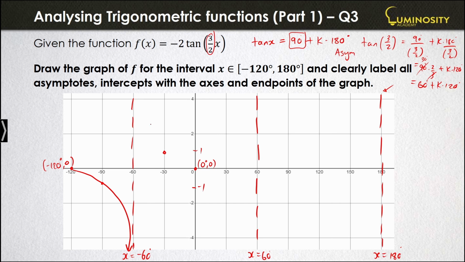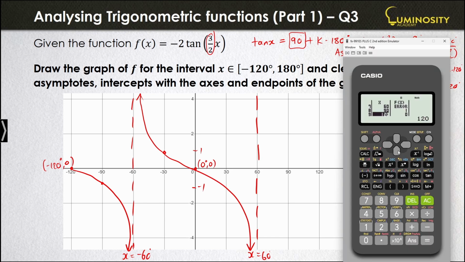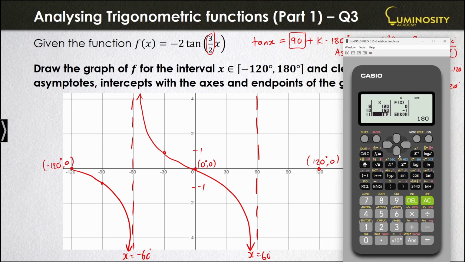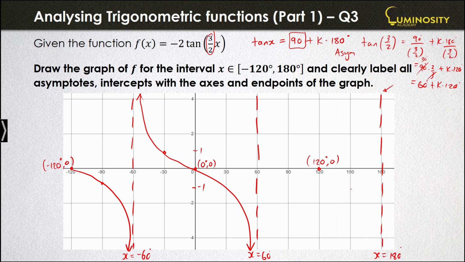So it'll look something like this. It's going to approach the asymptote that way, go through there, and come down and approach the asymptotes. The tan always approaches the asymptotes. Then 120 degrees gives us 0, so that's another intercept. 150 degrees gives us negative 1.